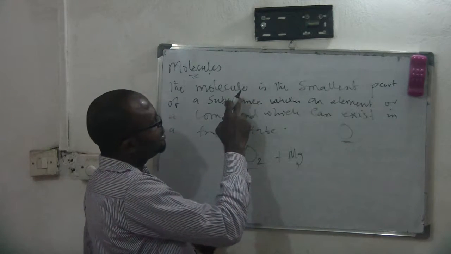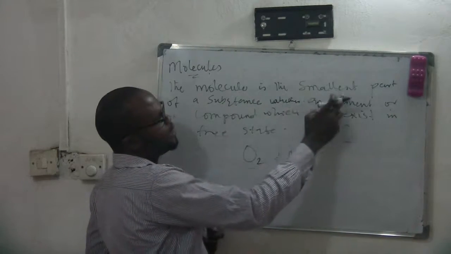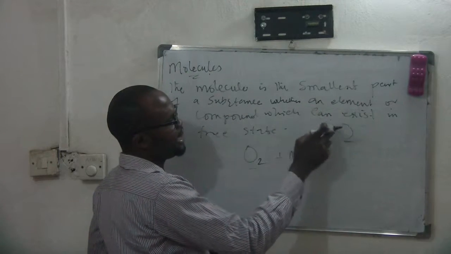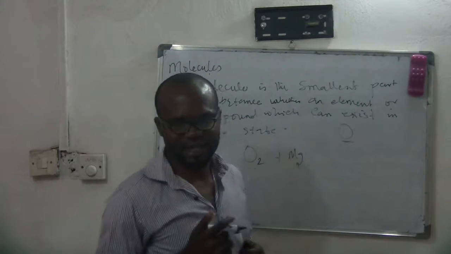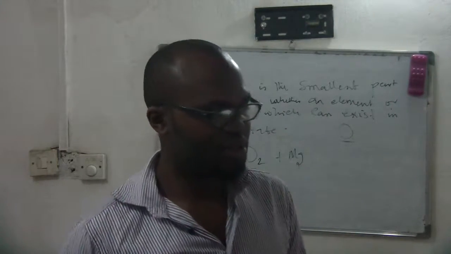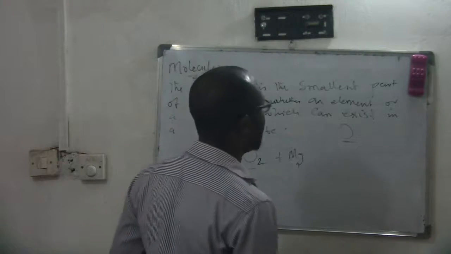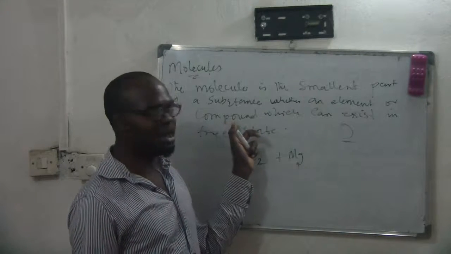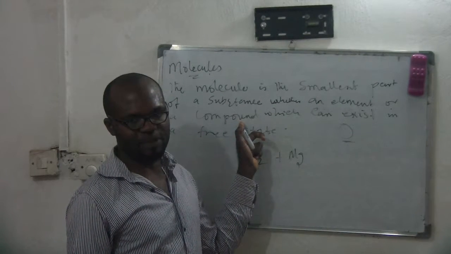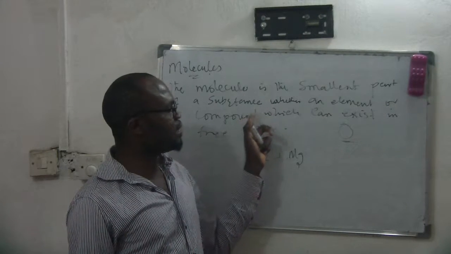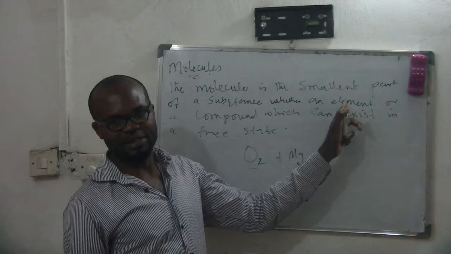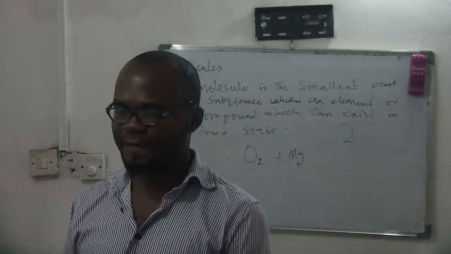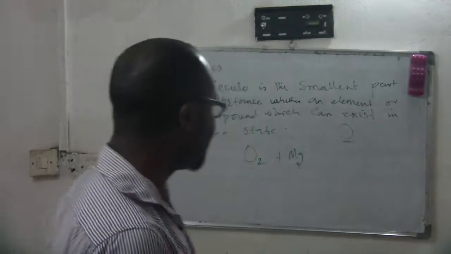So a molecule is the smallest part of a substance, whether an element or a compound, which can exist in a free state. When you're talking about an atom, you're talking about an atom of an element. You cannot talk about an atom of a compound; you talk about a molecule of a compound. But you can talk about an atom of an element, and you can also talk about a molecule of an element.